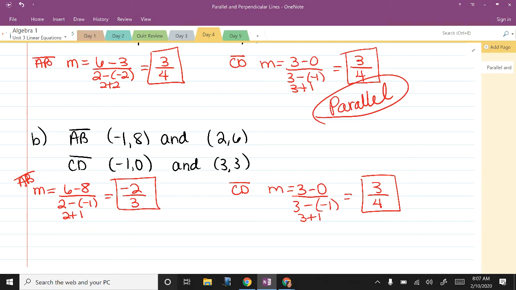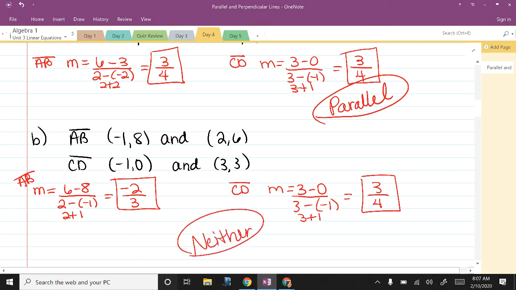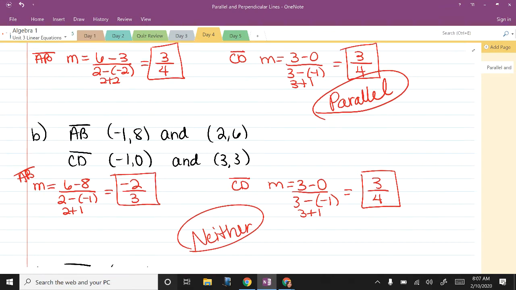If I flip this and change the sign, I get positive 3 over 2, not 3 over 4, right? So what would you say about these? Neither one. They cross each other, but they're not perpendicular. They're just 2 random lines across each other. All lines are going to eventually cross each other except for parallels.